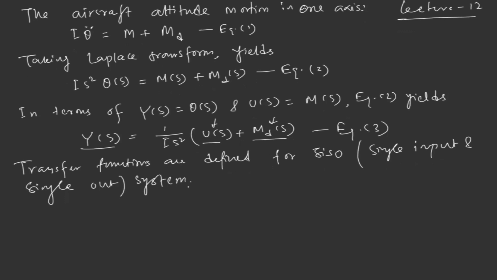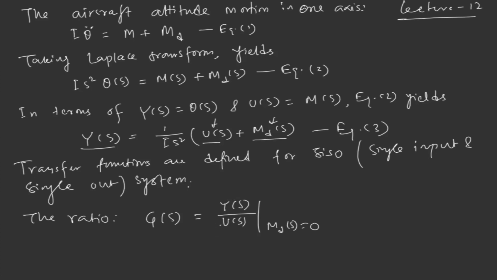Now, if you write the ratio, G is basically the transfer function if you denote, and it reflects how Y is going to respond with respect to U(s) when Md is equal to 0. So this is basically the relation between the output and input when the other input is 0.